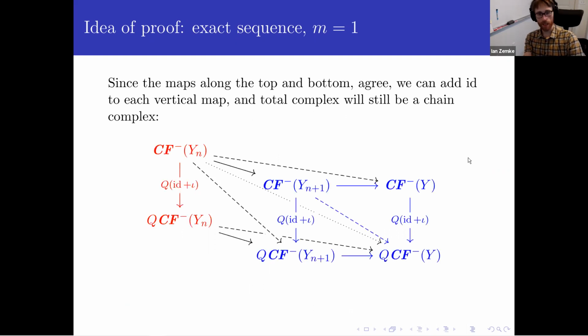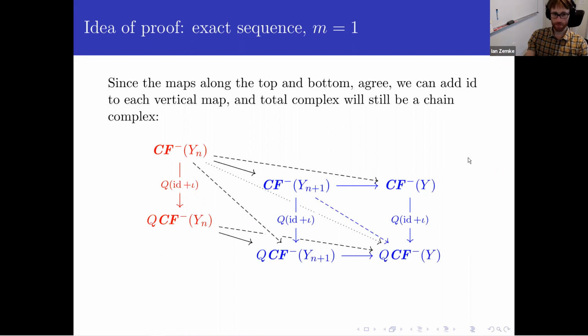Basically the way you should think about this is that such a diagram determines a map between the stuff I've drawn as red and the stuff I've drawn as blue. If you think about what this diagram represents, it's exactly a chain map from the red thing to the blue thing.